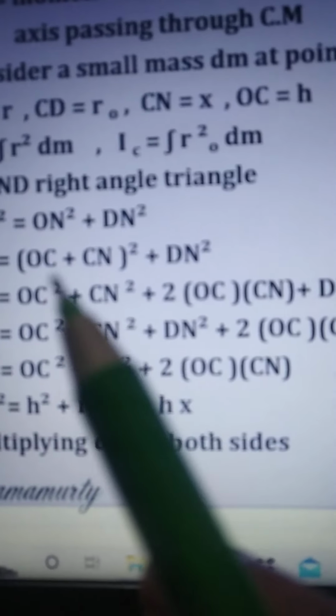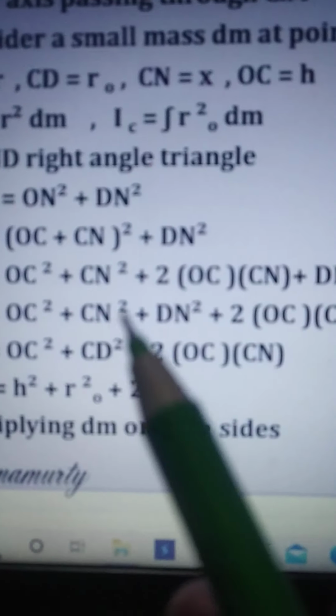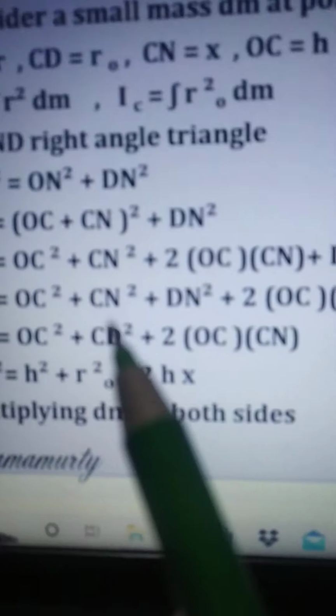Solving this bracket mathematically, we get OC square plus CN square plus DN square plus 2 OC CN. Using the triangle CND, we find the value of CD square.